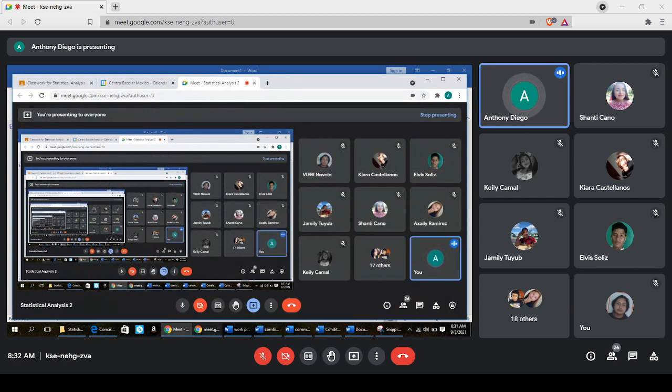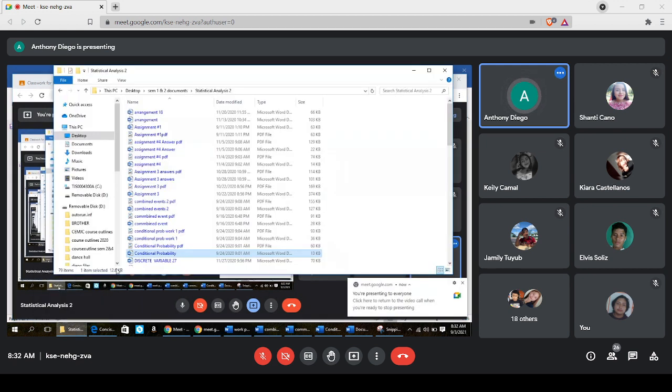Okay, students, I'm back. Let's look at the different possibilities here. So remember, we need to draw a possibility space diagram.